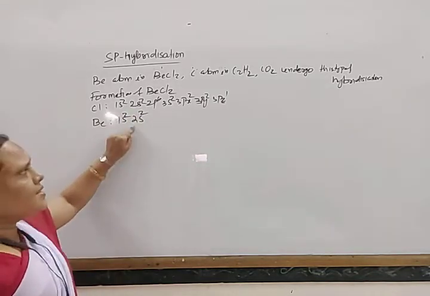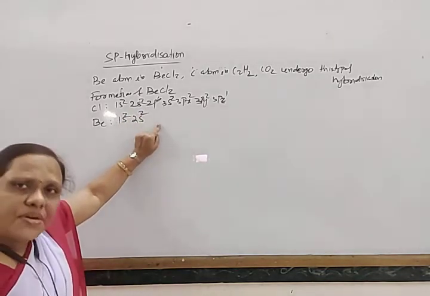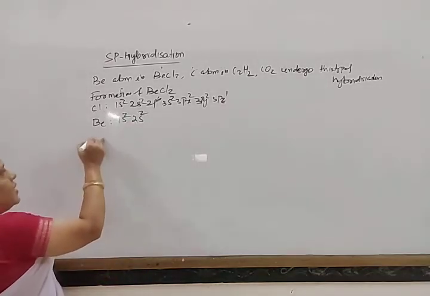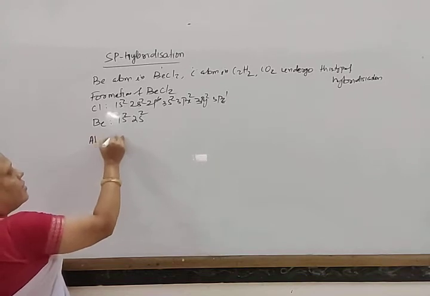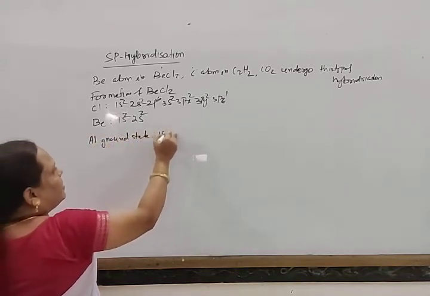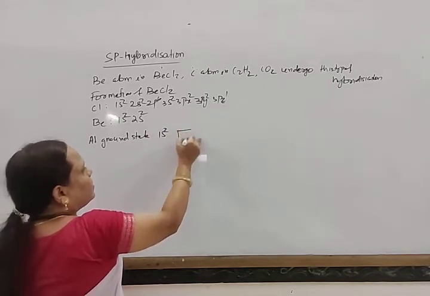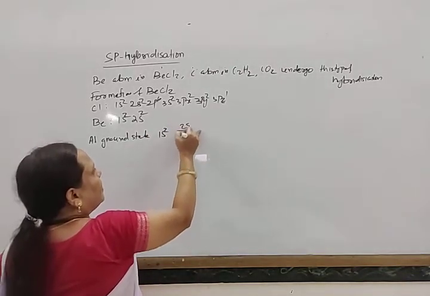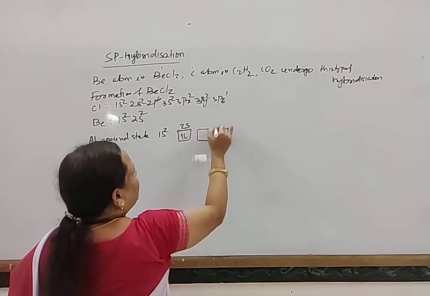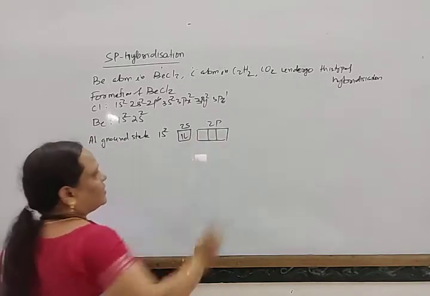In the second shell there is a p orbital, but this p orbital is vacant. So at ground state the configuration is 1s2 and 2s2, with the 2 electrons paired and 2p vacant.